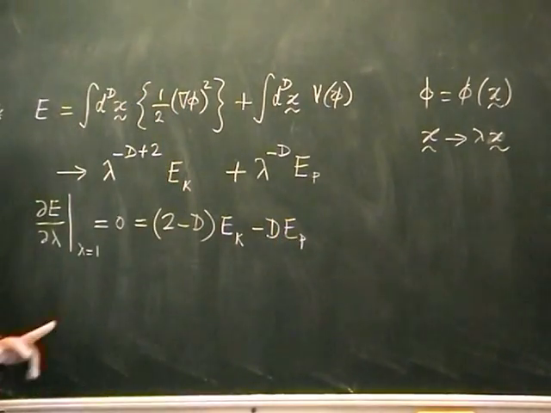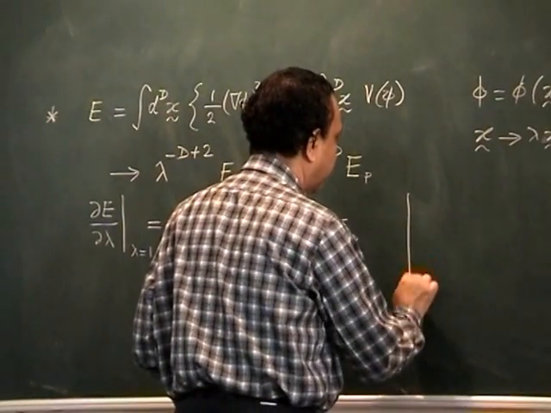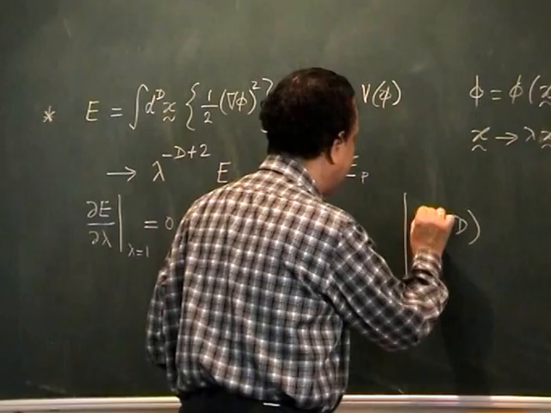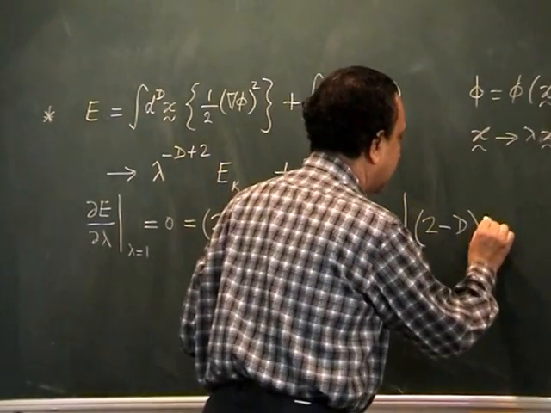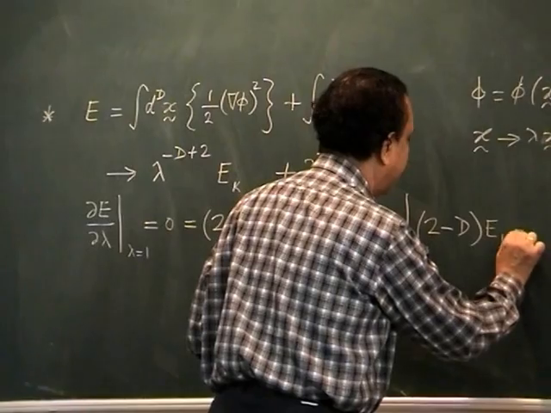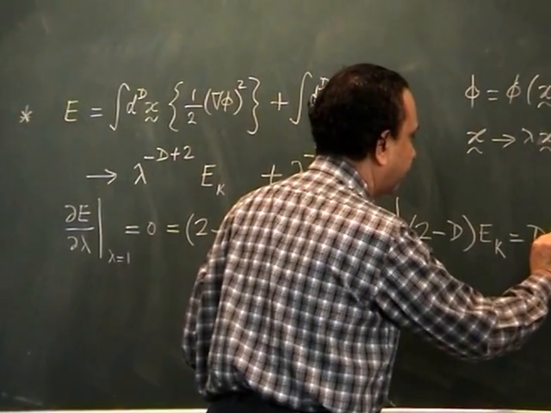This quantity should be 0. This tells me that, assuming I did all the maths right, 2 minus d times E kinetic should be equal to d times E potential.